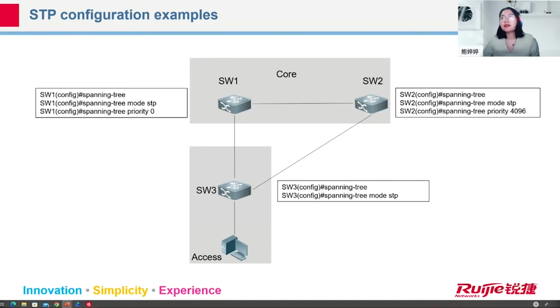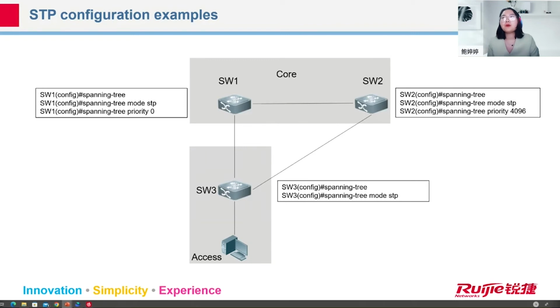So if we have some links, we need some interface to be blocked. We hope that the access interface can be blocked, and the other interfaces of the core switches can forward the traffic as much as possible. So in this scenario, you can directly change the priority to finally determine the interface roles.